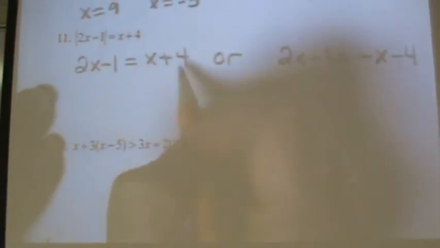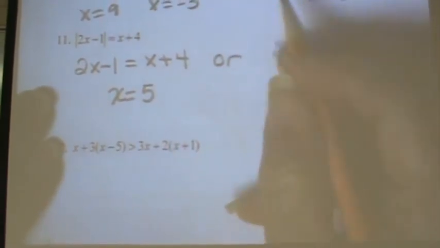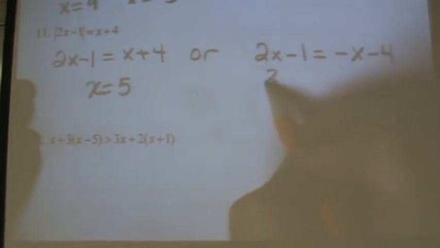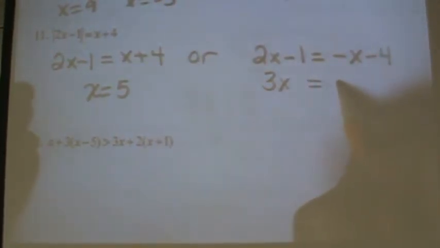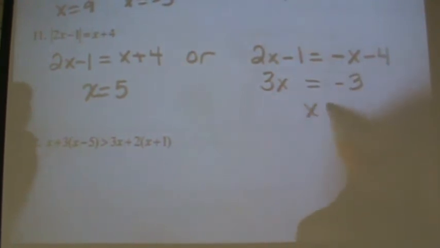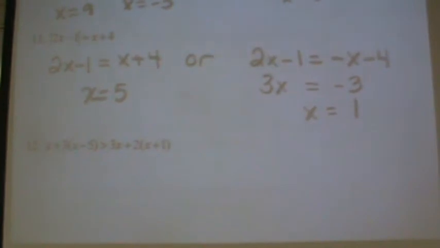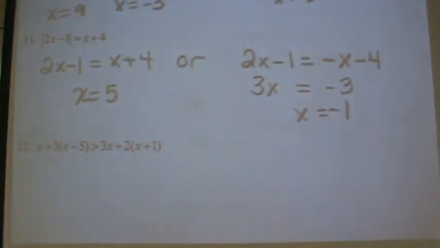So on this side, if you subtracted x and added 1, you get x is 5. And on this side, if you add x here, you get 3x. Add 1, you get negative 3. X is negative 1. And you always want to check for extraneous solutions. Negative 1, I'm sorry, my mistake. So 5 and negative 1.